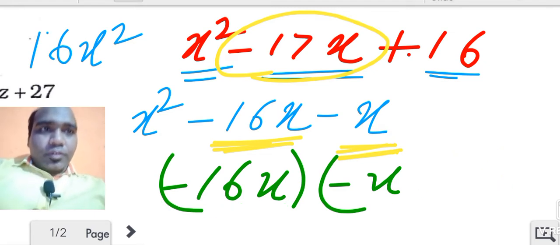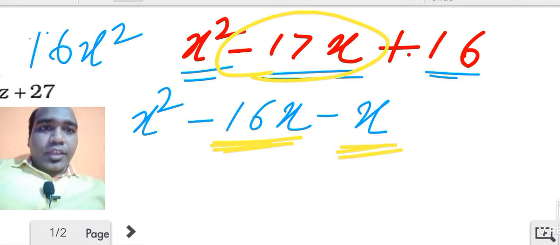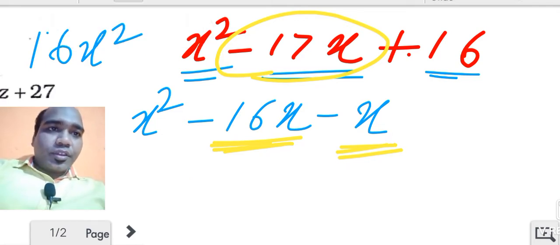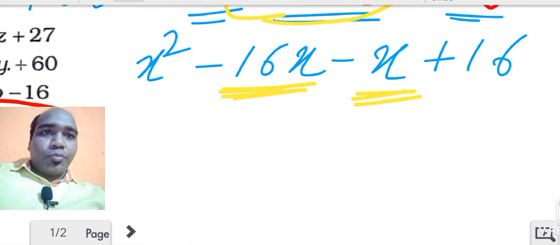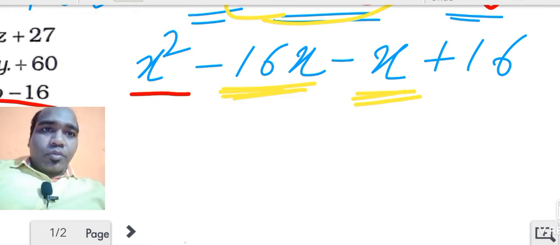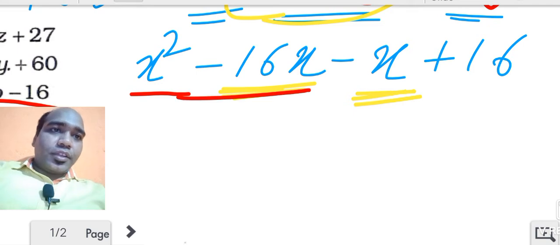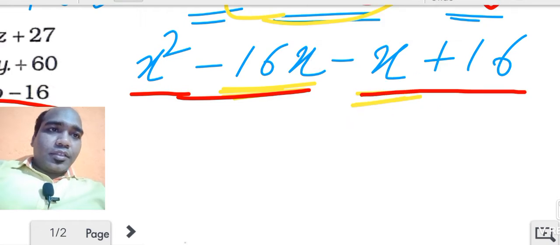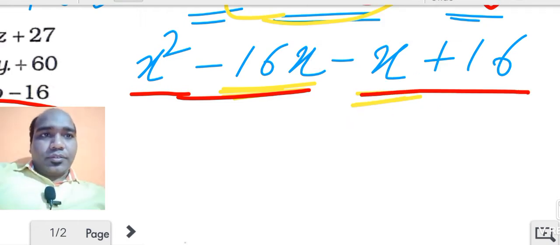Got it? So minus 17x we are splitting in the form of minus 16x and minus x, then here plus 16. Now again you take 2 pair. Okay, so x square and minus 16x will take together, and minus x plus 16 will take together. Got it?